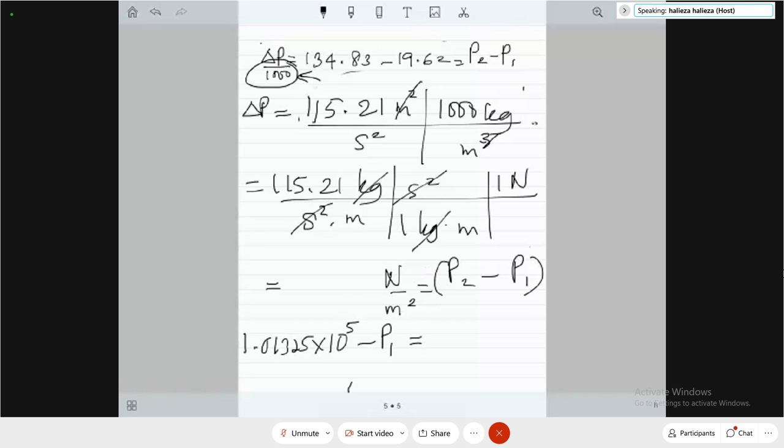It's still 115, isn't it? Because this is 1:1. So now what is P1? P1 is equal to 1.01325 times 10 to the power of 5 minus 115.21. So that's your final pressure, with a unit of Newton per meter square. That's the unit of your P1.